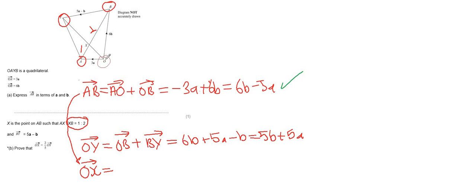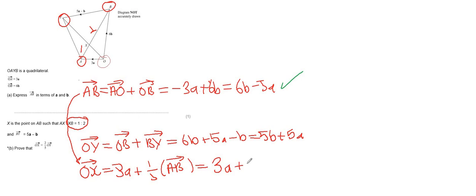So to get from O to X, I'm going to go from O to A with the vector. So I've got 3a. And then I'm going to go 1/3 of the way along my AB. Okay. So now what's 1/3 of AB? AB was 6b minus 3a. So I've got my 3a, I'm adding 1/3 of 6b minus 3a.